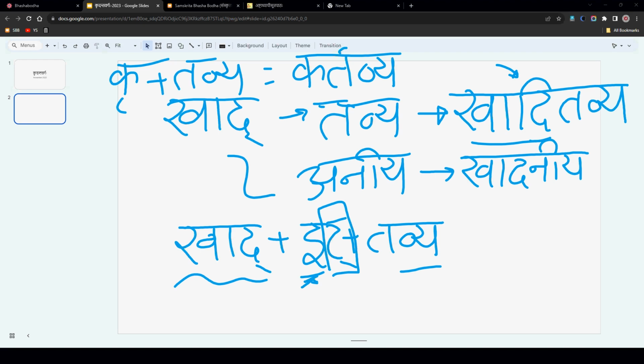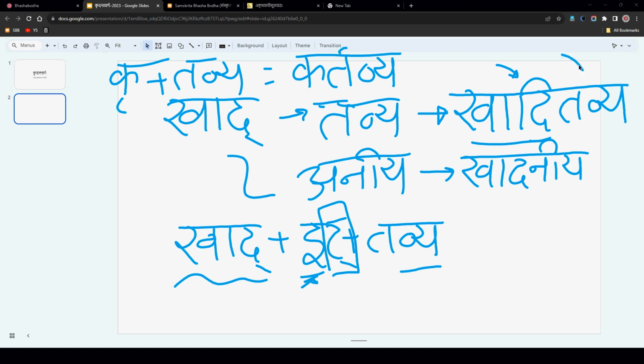Now, for aniya, the it doesn't come, it never comes anywhere. Gamaniya, khadaniya, you see here, khadaniya, but if you add tavya to the same dhatu, E is coming. But if you add aniya, to the same dhatu, E is not there in between. Khadaniya, karaniya, darshaniya, gamaniya, chalaniya, japaniya, jivaniya, etc. For jivaniya, if you add tavya, there is a jivitavya form, E is there.